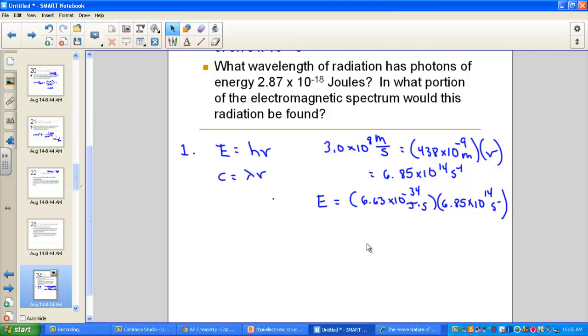I'll just leave my calculator screen as it was from the previous solution. Take that answer and multiply by Planck's constant, 6.63 e negative 34. And I find joules of energy. Do you find the same? Oops, I need a marker. How about 4.54 times 10 to the negative 19th power joules of energy?